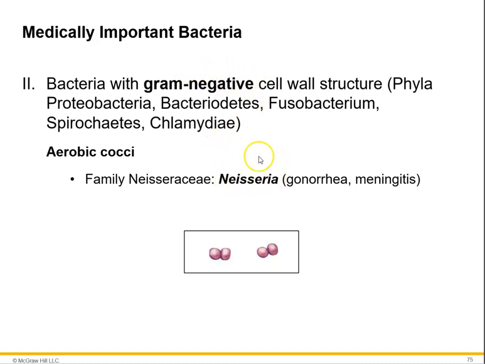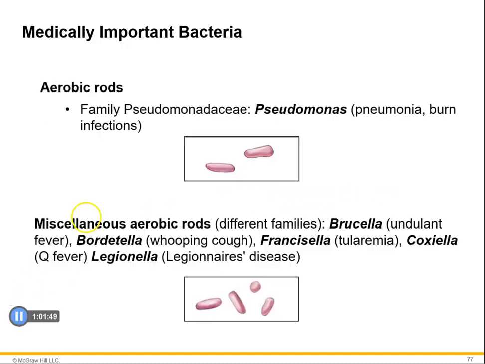For example, Neisseria, species in this genus, can cause gonorrhea and bacterial meningitis. We have Pseudomonas. We'll actually work with Pseudomonas in the lab. This can cause a pneumonia and can also cause infections, especially in burn patients. We have other aerobic rods such as Brucella, Bordetella, Francisella, Coxiella, and Legionella.